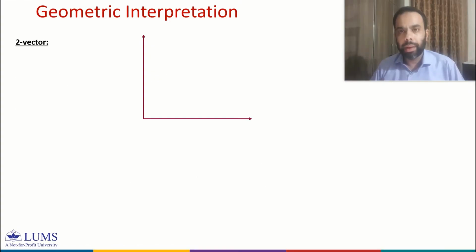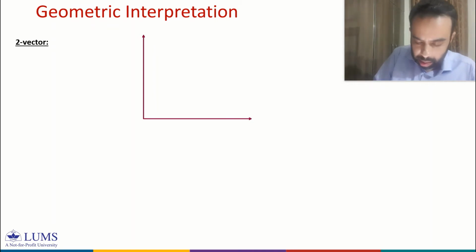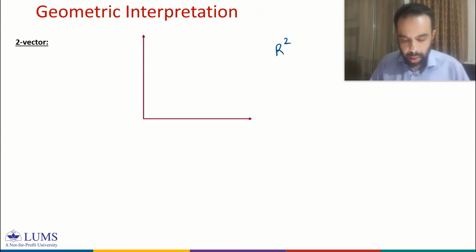We can also interpret a vector as a point in a geometric space. Say we have a 2-vector, that belongs to R2. Any 2-vector can be represented as a point in this 2-dimensional space.